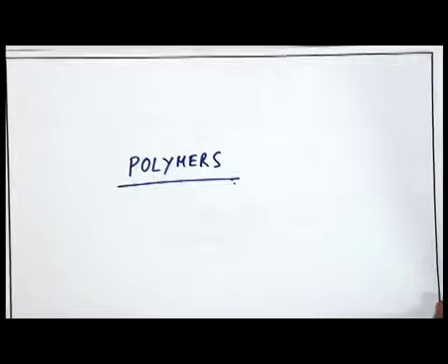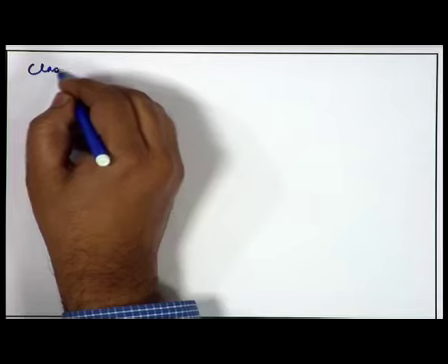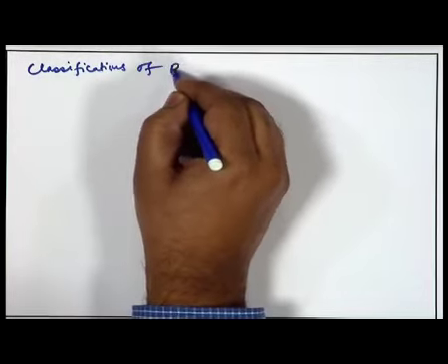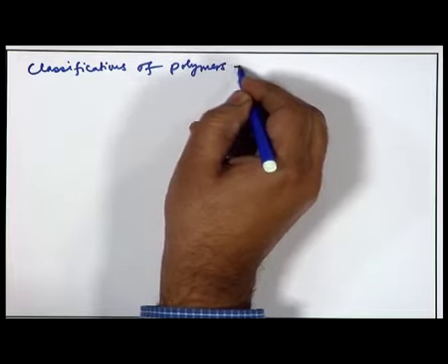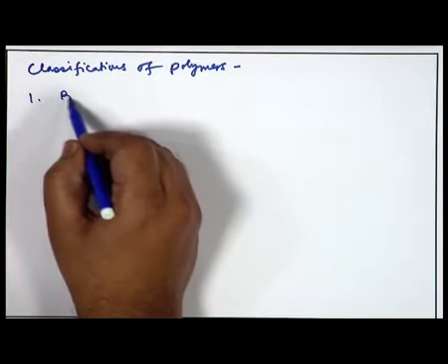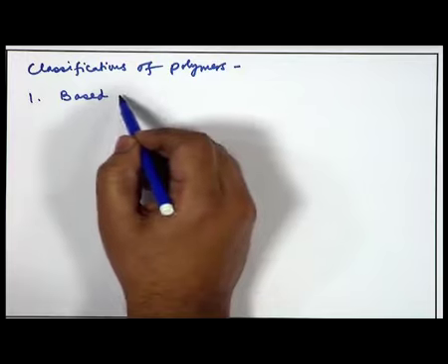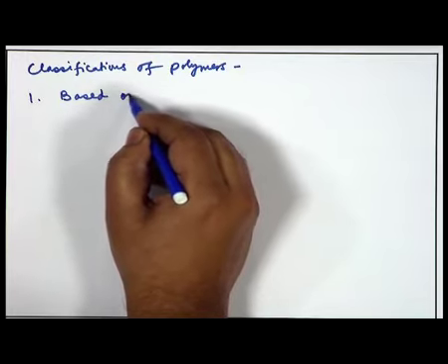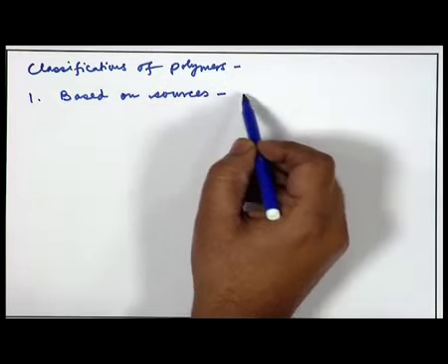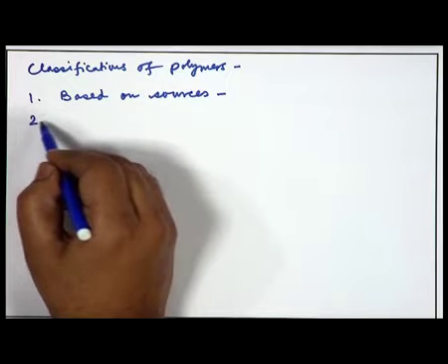So, we will come back and we will continue our discussion which we had on polymers. If you remember, in the last class where we stopped, we were discussing the classifications of polymers, and we basically learned that in the first case we separated polymers based on source: natural, synthetic and semi synthetic.